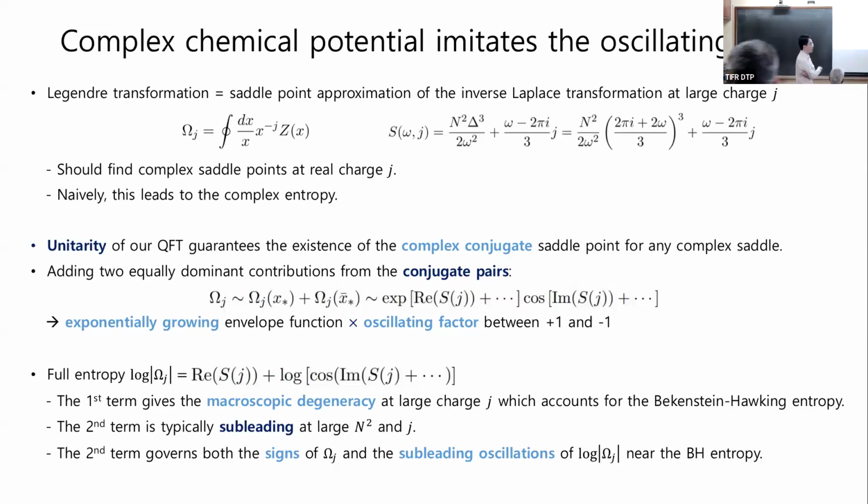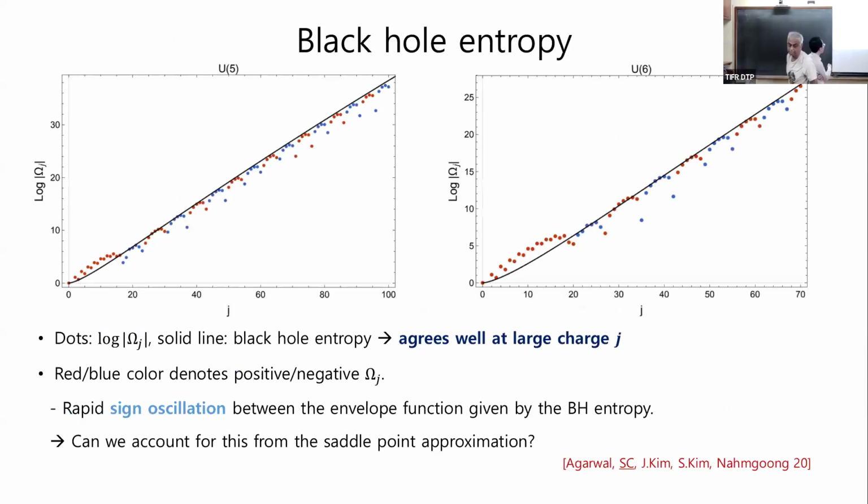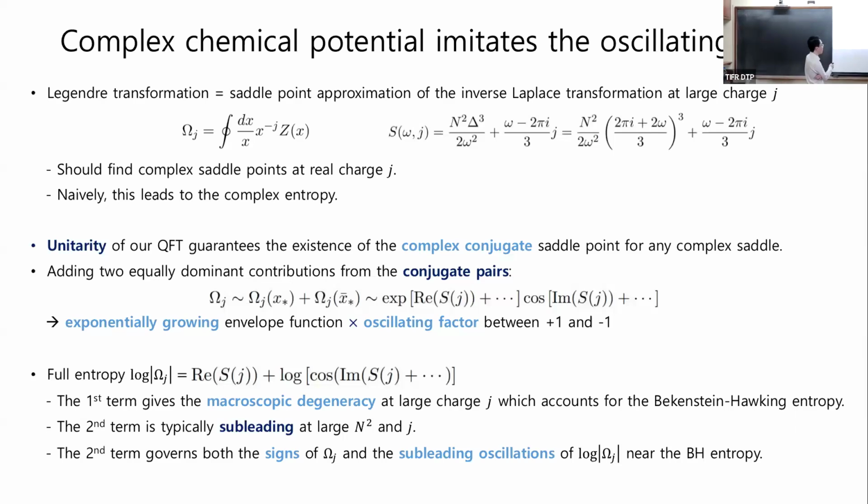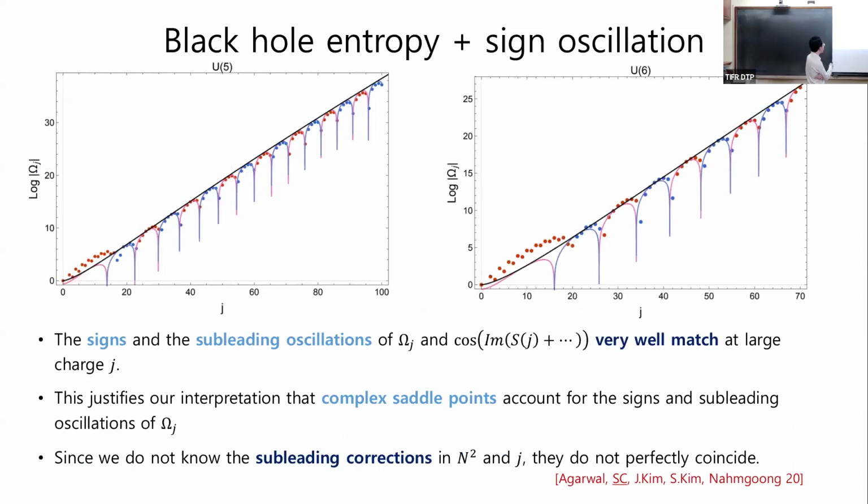For Z, we just use the black hole partition function. So we are comparing our numerically computed index with the black hole one. You can see now that our cosine interpretation and the numerically computed index match quite well.